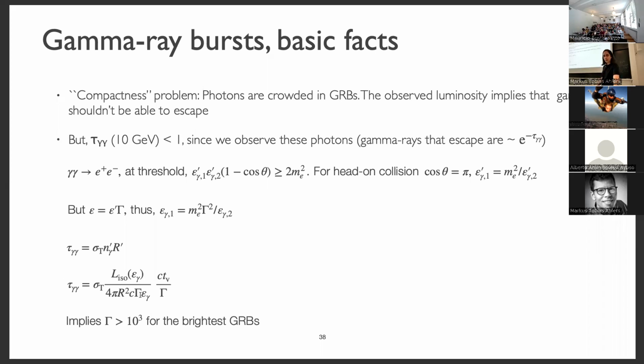And so from that, you see here that the factor of gamma squared appears. And so if that gamma is really large, then we can reconcile our observations with the fact that gamma rays escape. And this tells us that the Lorentz factor is of order 1,000, so extremely relativistic, much more relativistic than any jetted AGN, for at least a short time.